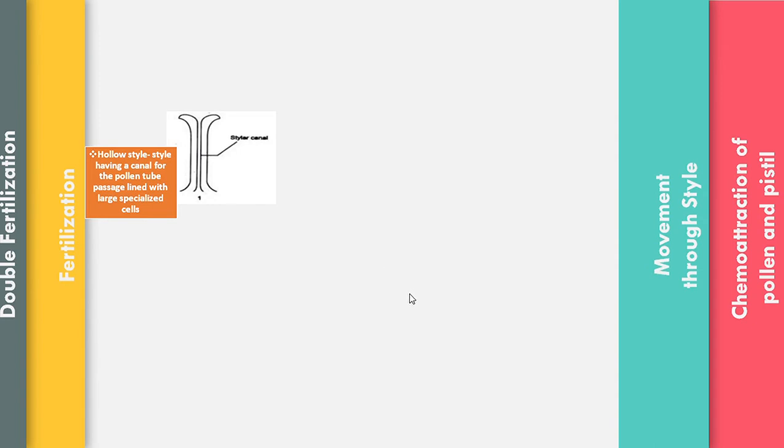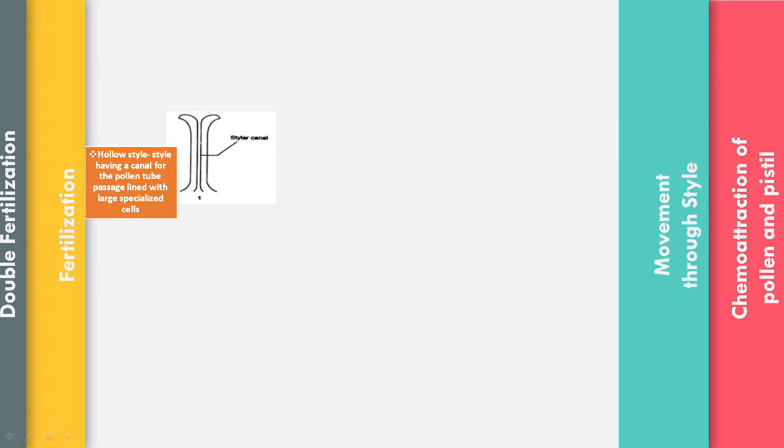In the first case, the pollen tube will move through the hollow style. Hollow style means it is surrounded by the epidermis only, and inside that there is a canal for the passage of the pollen tube, which is lined by specialized large cells.